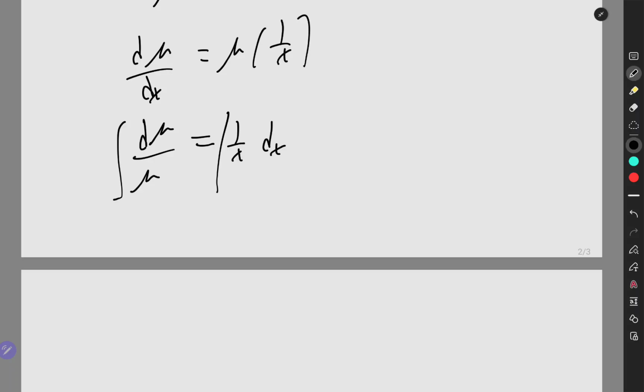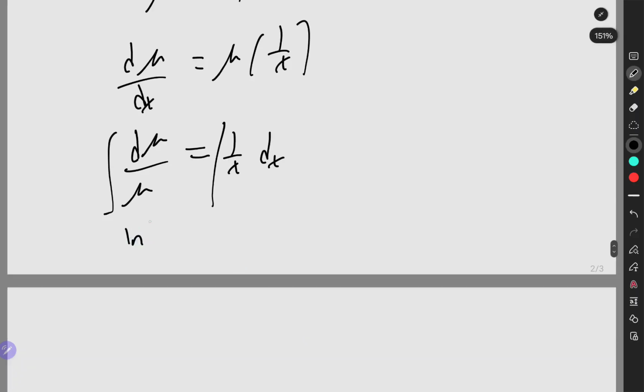Yeah, it would be. I'm not too sure where you got that from. Oh, okay, this is right. I must have written it down wrong in my notes. So yeah, this would be the natural log of mu. I have it wrong in my notes.